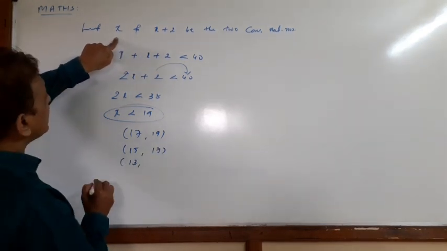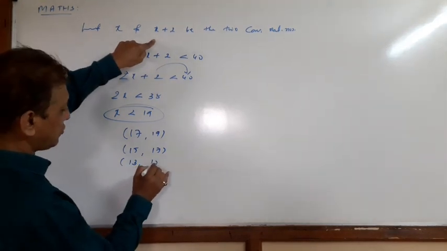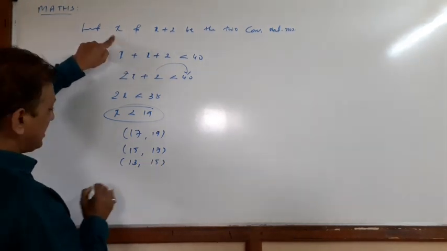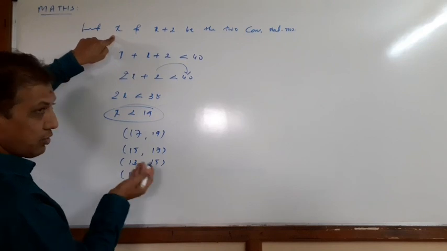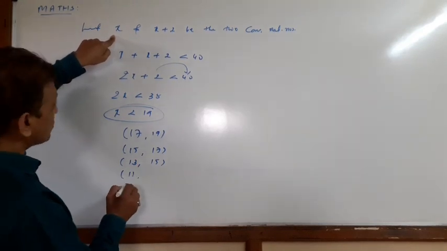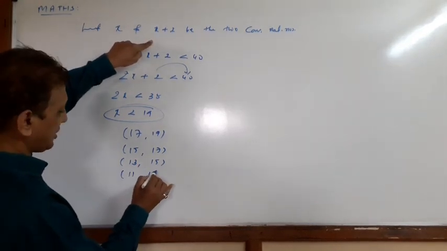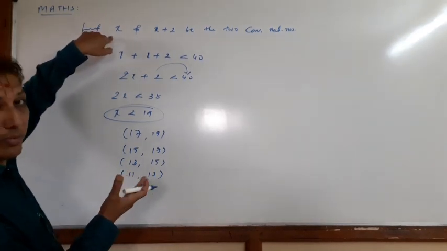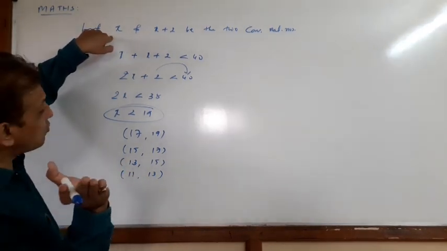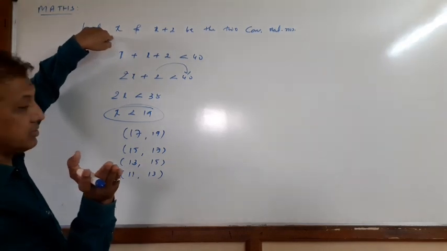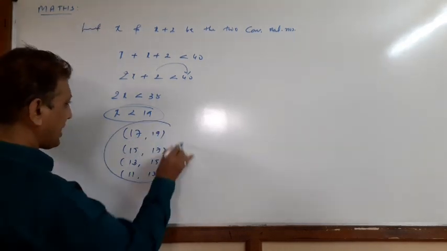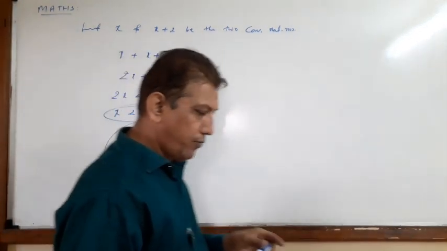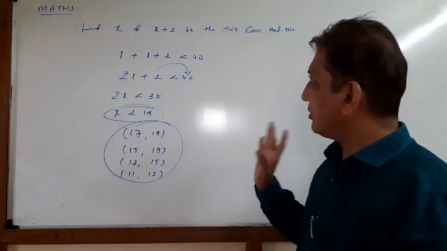No. 13, so 13 and 13 plus 2, 15. Now 12 is not possible, so 11, and 11 plus 2, 13. Now 10, no, 9, no, because our question says not smaller than 10. So 4 pairs are possible.